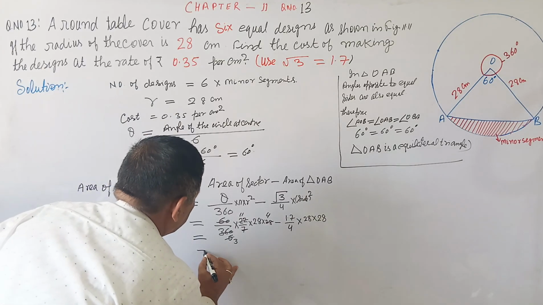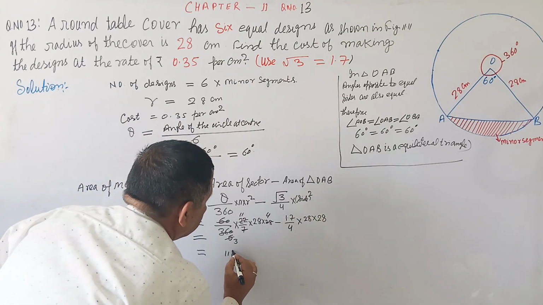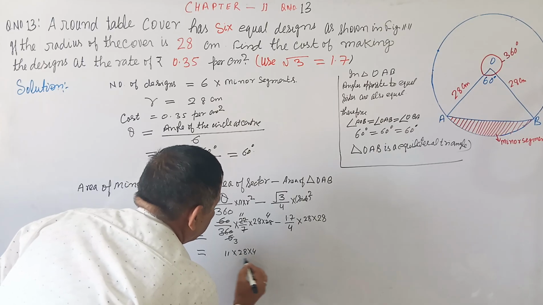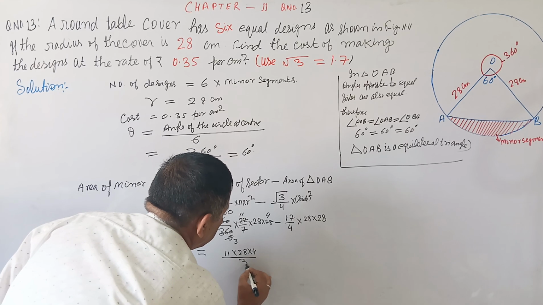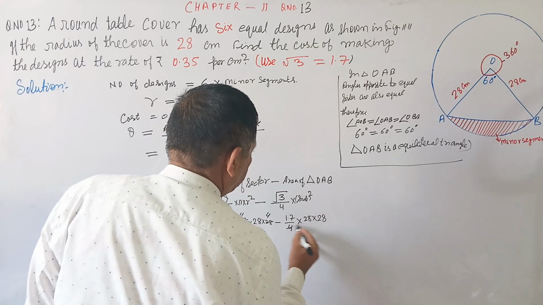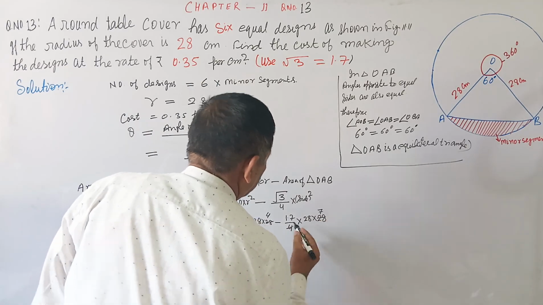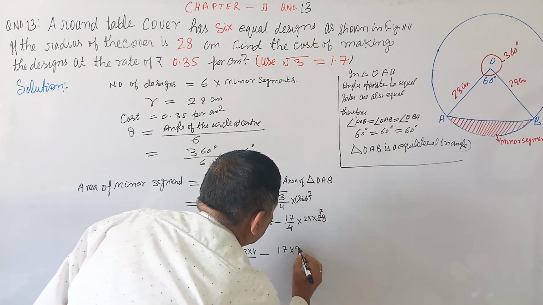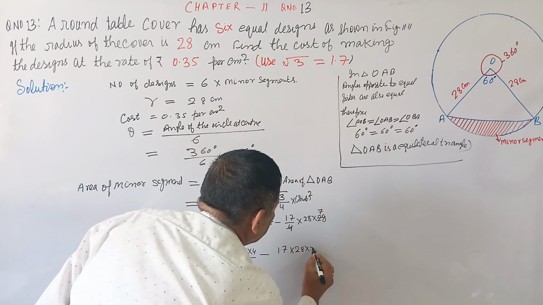So here we get 11 into 28 into 4 upon 3, minus 4 sevens are 28, so it will be 1.7 into 28 into 7.